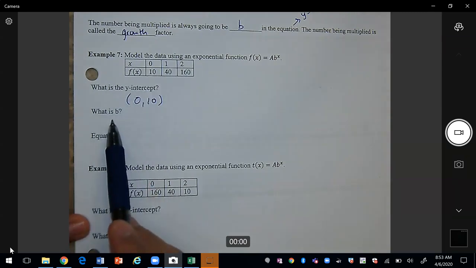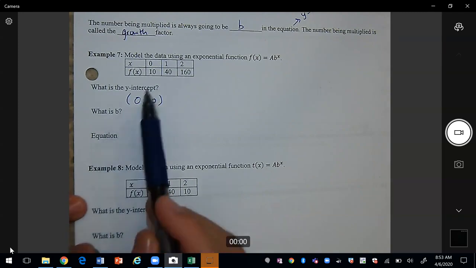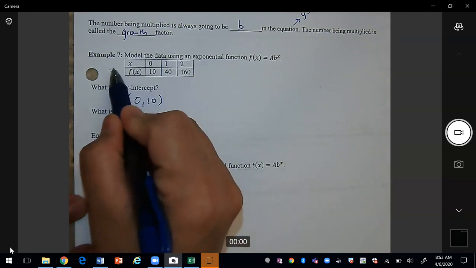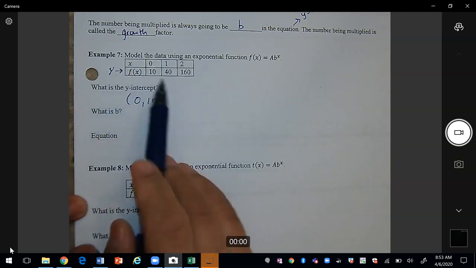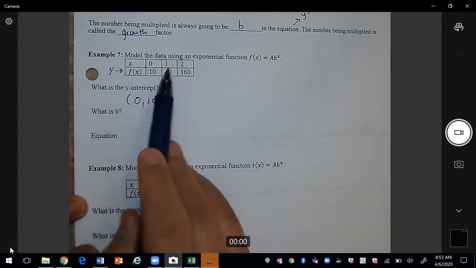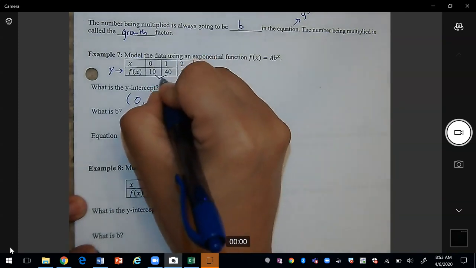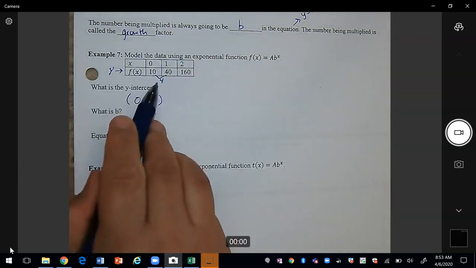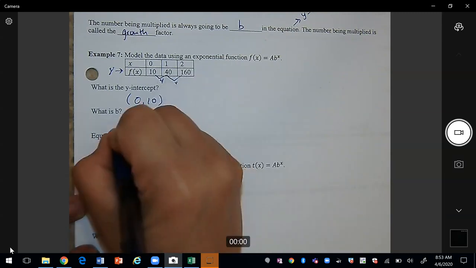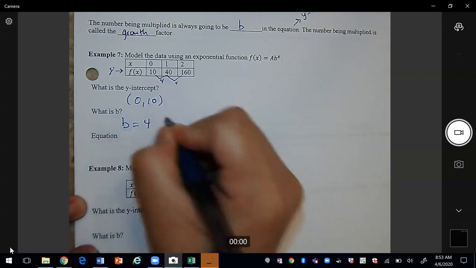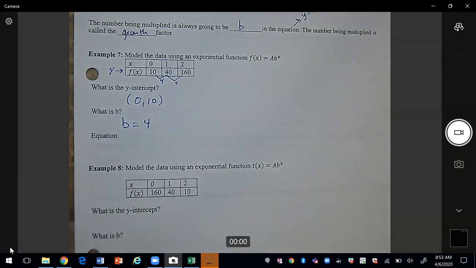And then we need to figure out what b is. In order to figure out what b is, we want to look at the y coordinates, and these are the y's here. In order to get from 10 to 40, I would have to multiply by 4. 10 times 4 is 40. And 40 times 4 would give me 160. So in this example, b is going to be 4.